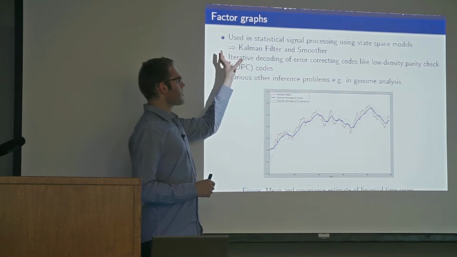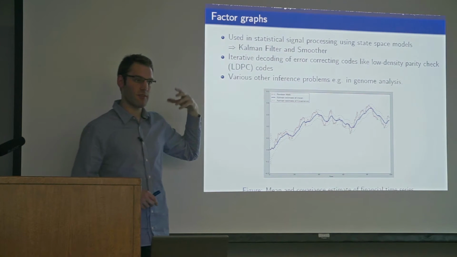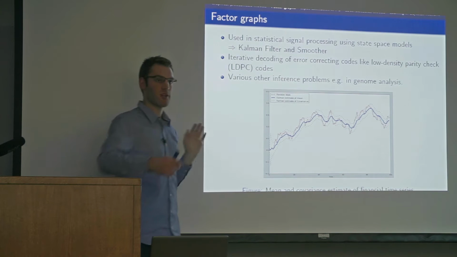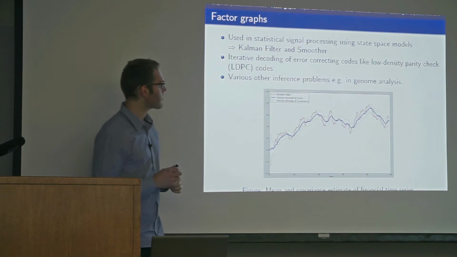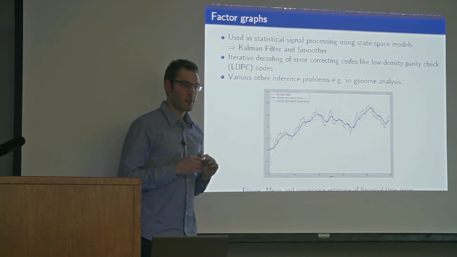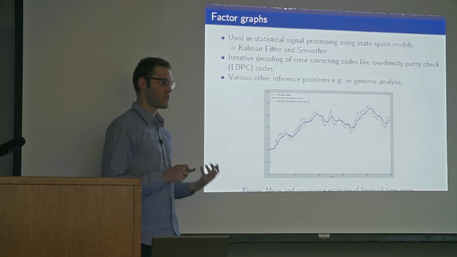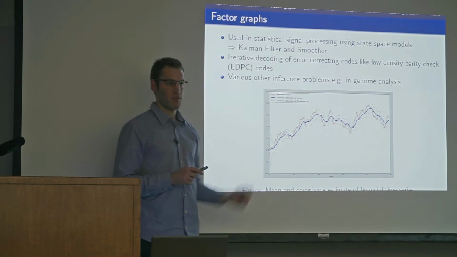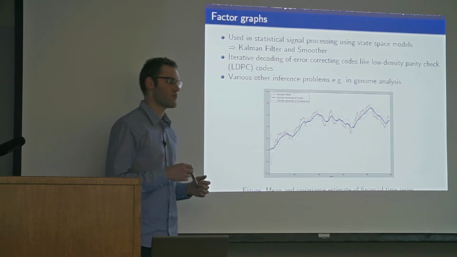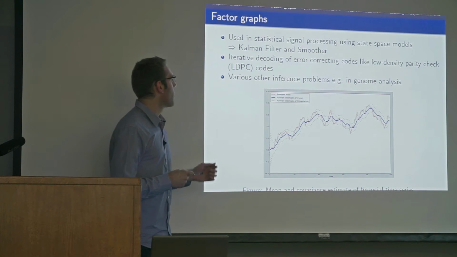Actually, some algorithms of factor graphs are equivalent to Kalman filtering and Kalman smoothing on state space models. I'm not at all in coding, but half of our group actually is from coding because my professor originated from coding. He did his PhD on turbo codes.